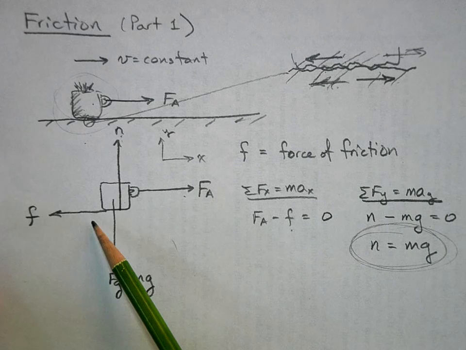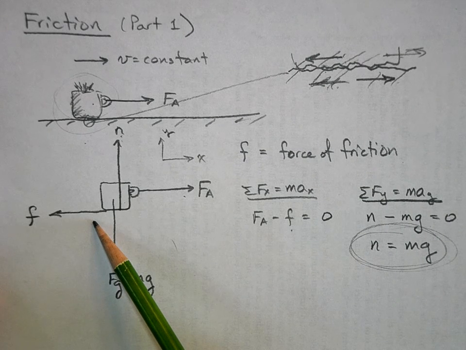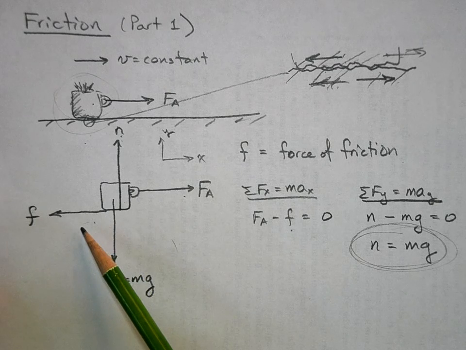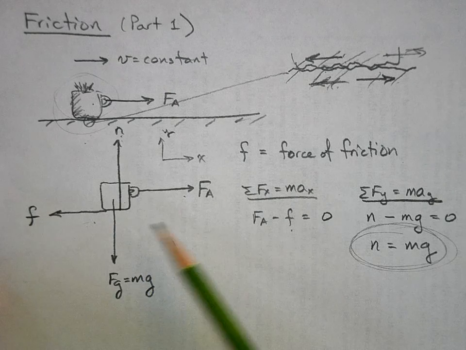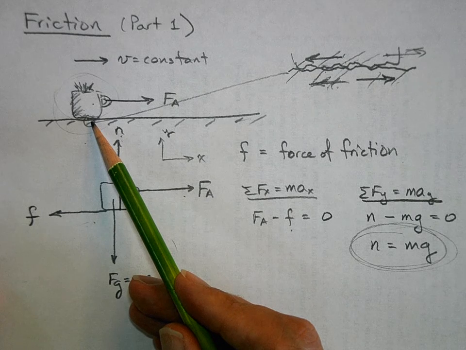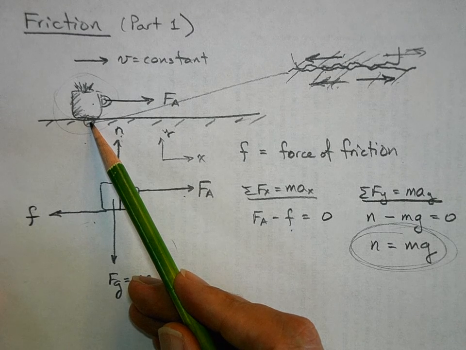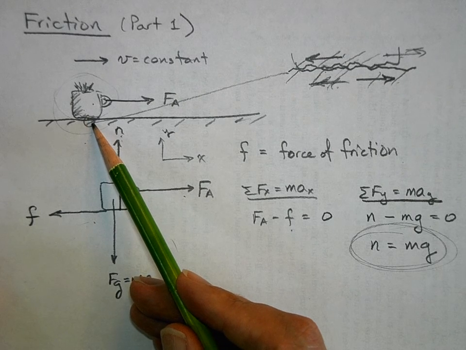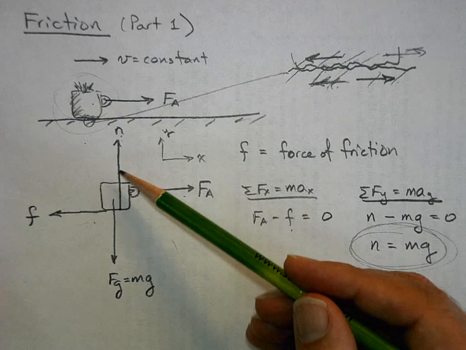What is this force of friction? How much friction do we have here? Doesn't it depend on how big and heavy that coffee mug is? Yeah, it does. What it really depends on is this normal force.